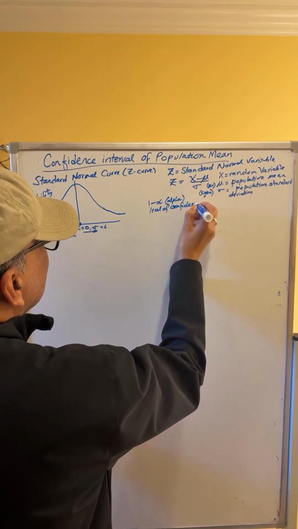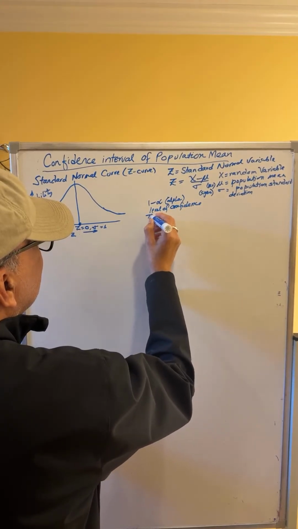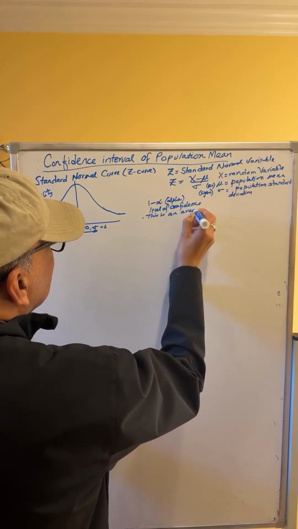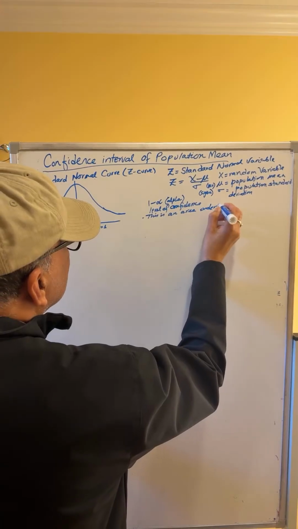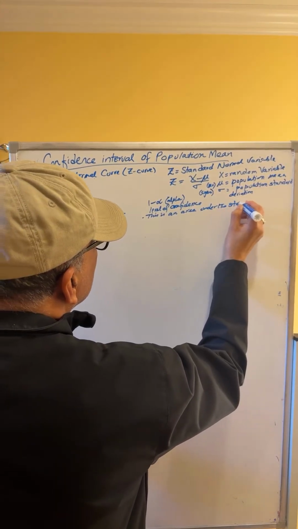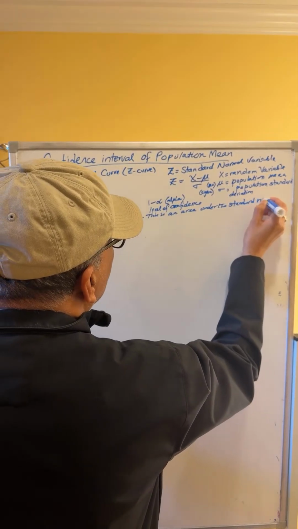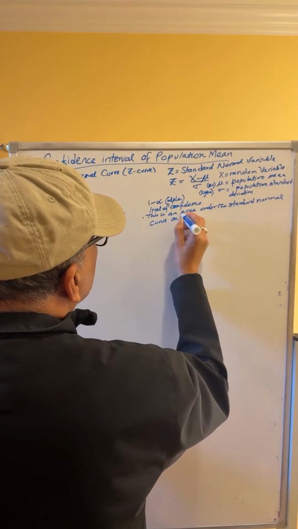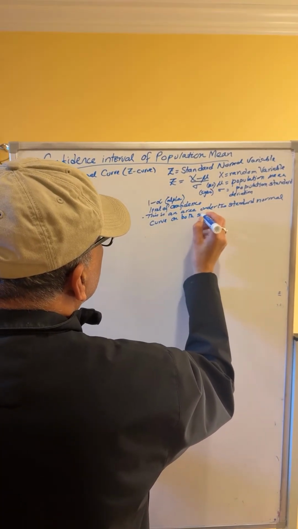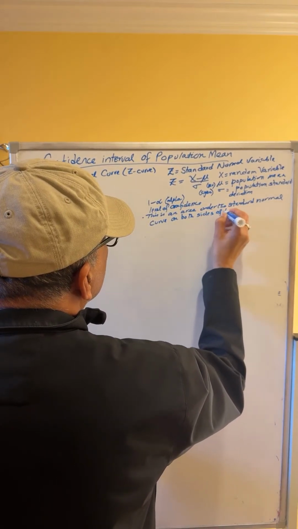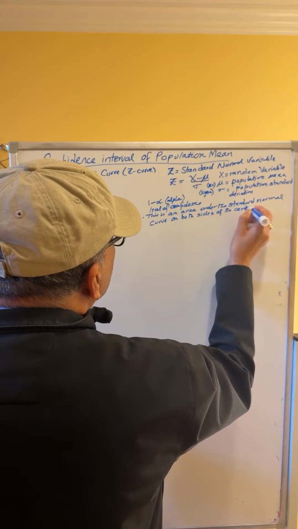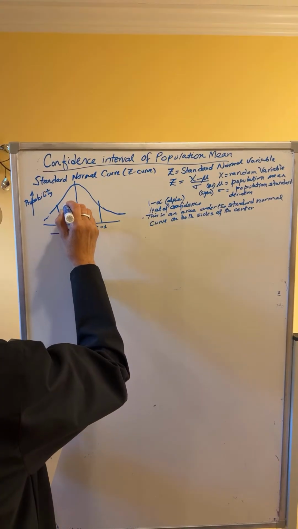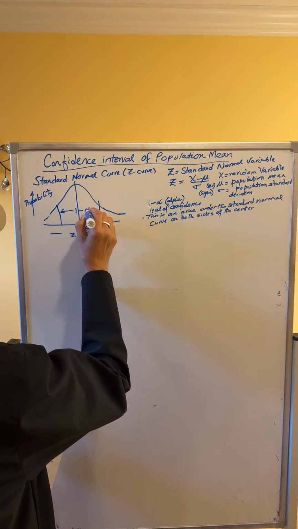And this is an area under the standard normal curve on both sides of the center. So this area is 1 minus alpha.